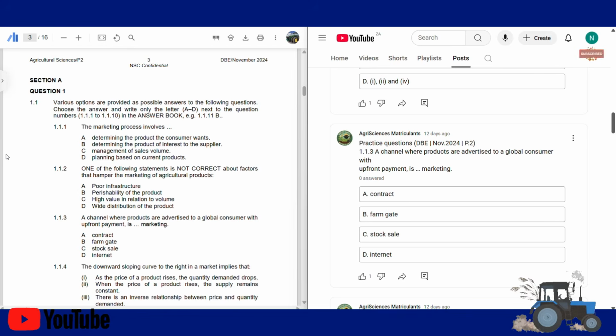Globally. Okay, so we can reach a wide range of audiences all around the world. So global consumer with upfront payment, contract.